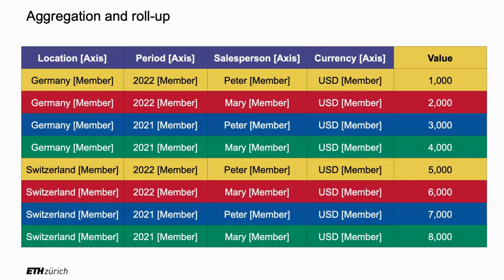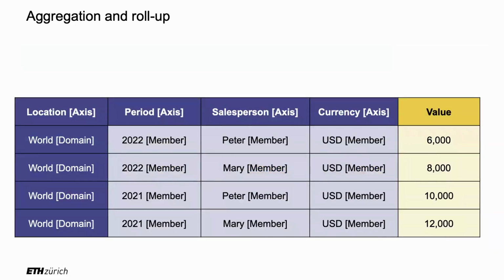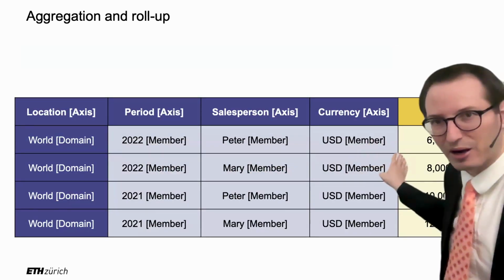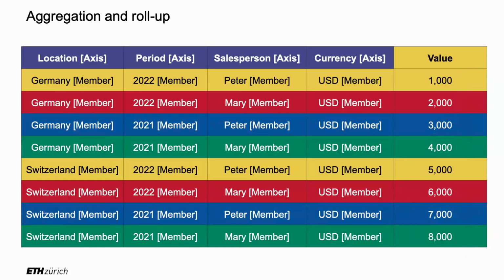How much am I going to get for 2022 Peter? My sum is going to be 6,000, exactly. You see? That's what you get. Now, if I click, I will get exactly that. Yeah, 6,000. And you see where the other values come from. 8,000, that was 2 plus 6 here.